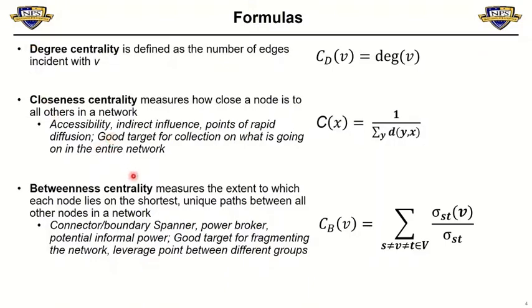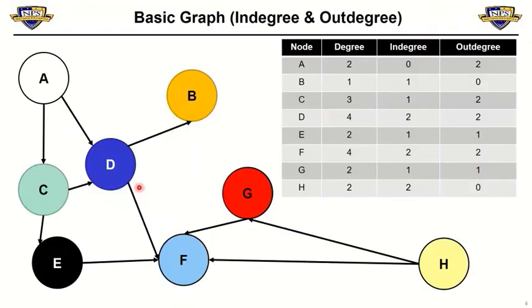Betweenness is calculated by the following expression, where sigma is the total number of shortest paths from node S to node T, and sigma V is the number of those paths that pass through V. Now we'll run through some calculations on two basic graphs so we can get a feel for what these characteristics and measures are and how they translate to a real-world graph.